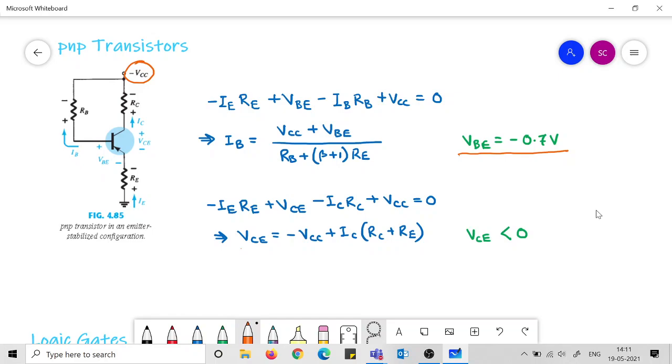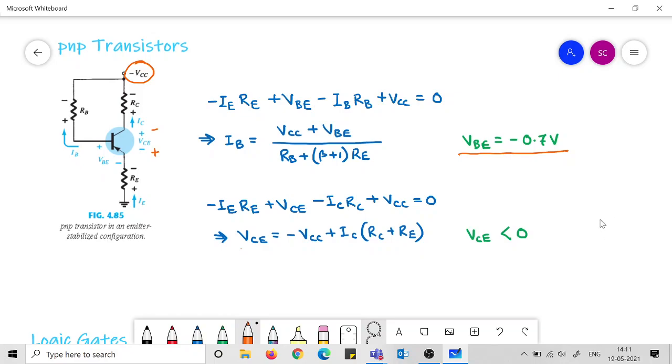So here this is a dominant term and this is something which is lesser than this. So ultimately you will see that VC would be negative. VC is less than 0. That means nothing, that only means that the actual polarities are like this. That is all. Okay. So this is VC.